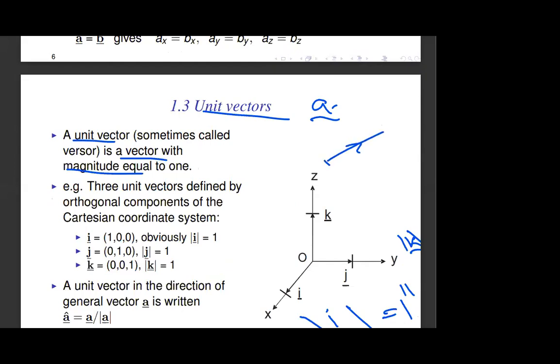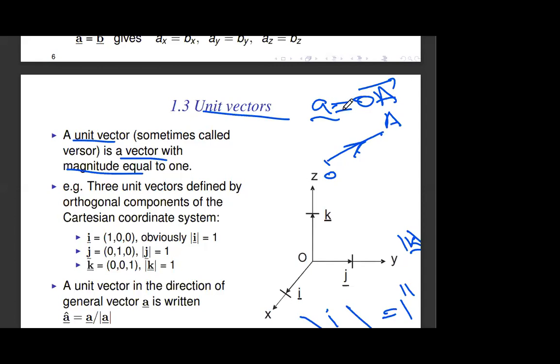So this is the origin, and this is the vector A, and this arrow represents the direction, and the magnitude of A is this length, and let's say the OA vector is this one.